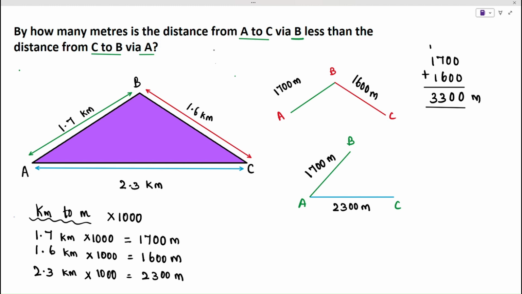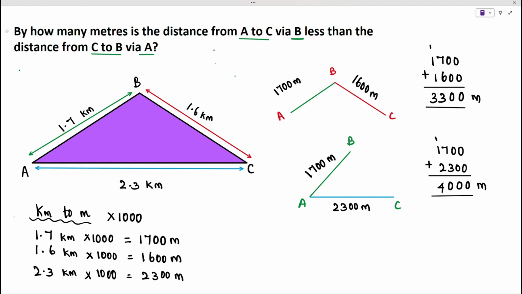So you have 1,700 plus 2,300, and if we add that, 7 plus 3 is 10, so we write our 0, carry our 1. 1 plus 1 plus 2 is 4, so you get 4,000 as the total distance from C to B via A.